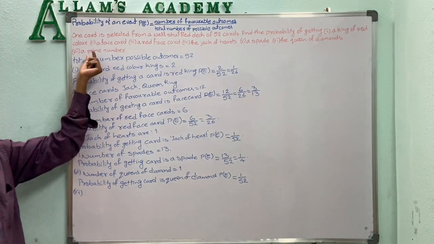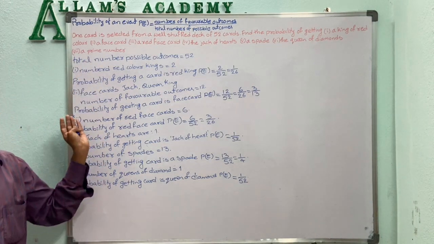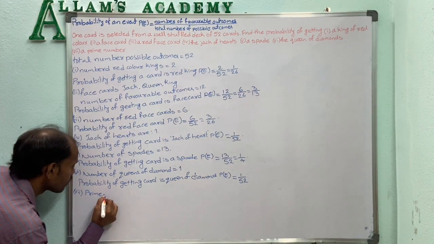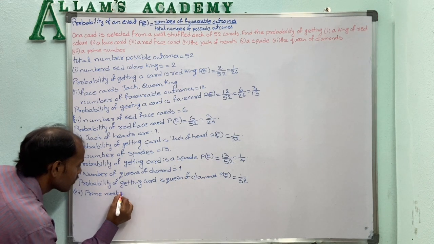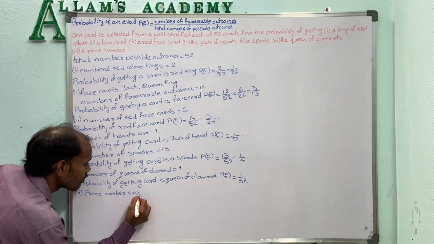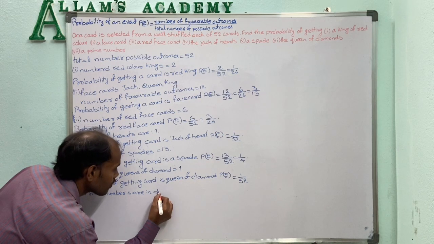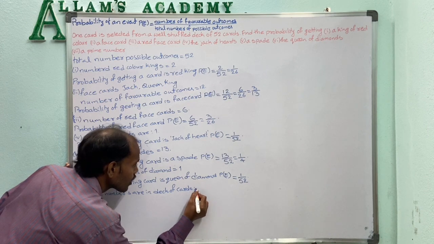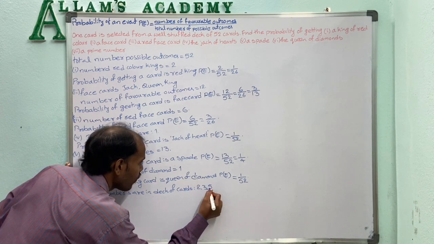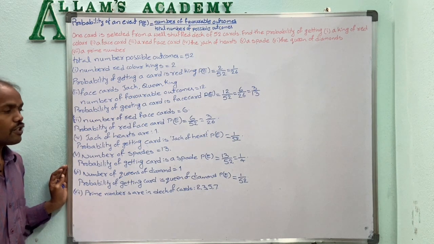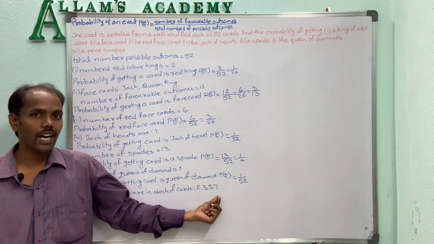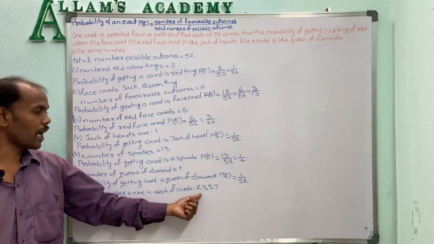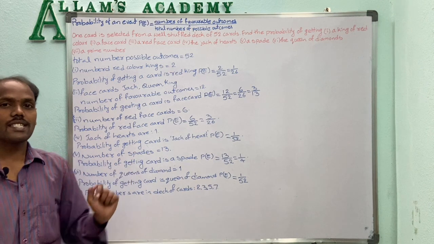And the next problem is a prime number. In the deck of cards, the prime numbers are 2, 3, 5, 7. So these 4 cards are the prime numbers, and the total is 4 4s, 16.